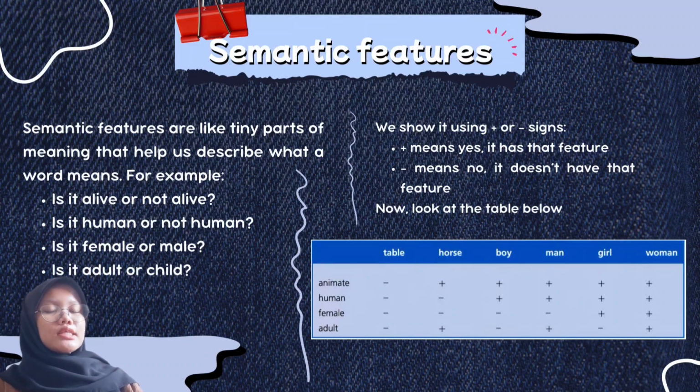We show it using plus or minus signs. Plus means yes, it has that feature. Minus means no, it doesn't have that feature. For the example, you can take a look at the table.